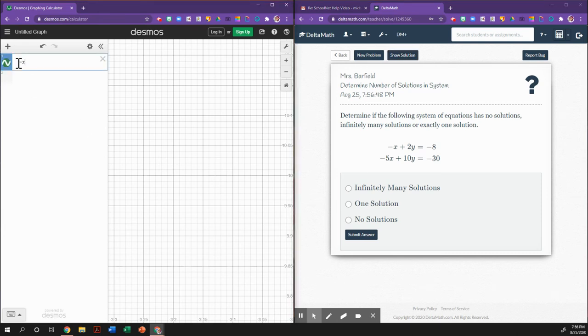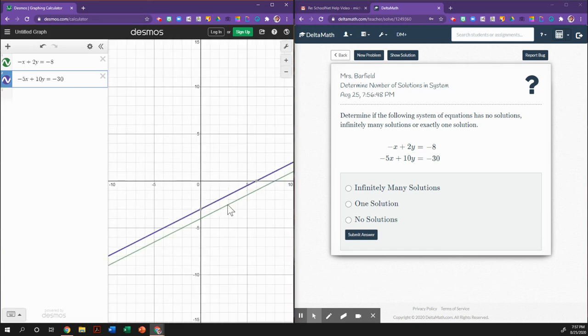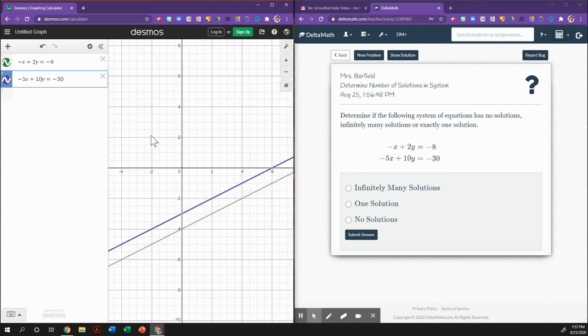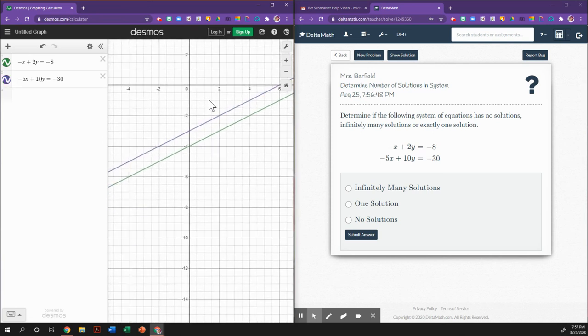So negative x plus 2y equals -8, and then negative 5x plus 10y equals -30. Then I'll press the home button. So I needed this particular picture, and that's why you saw me click through a couple things on the right-hand side. The reason I wanted this picture was because they're parallel. So when the 2 lines are parallel, the answer is no solution.